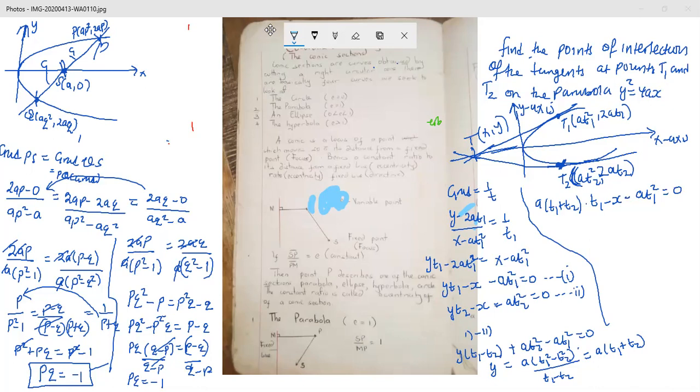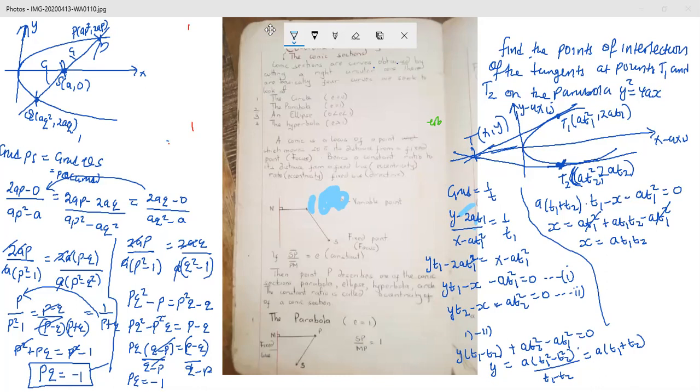So we would make x the subject. When x crosses over the other side, we shall remain with at1 squared plus at1 t2 minus at1 squared. And this can be reduced by subtraction. So x becomes a t1 t2.